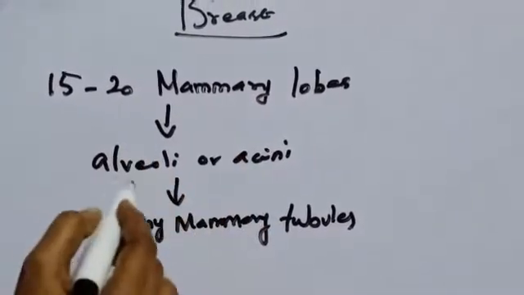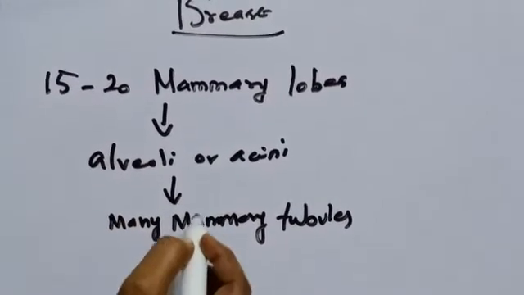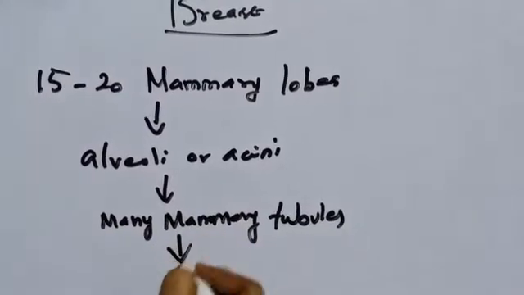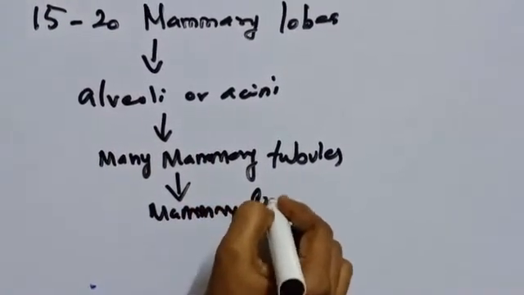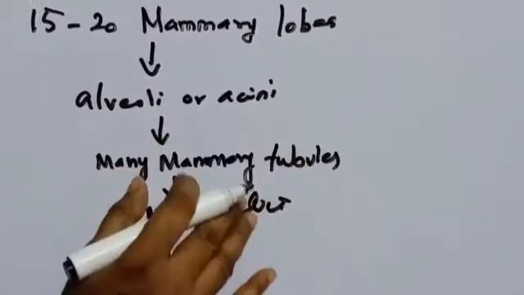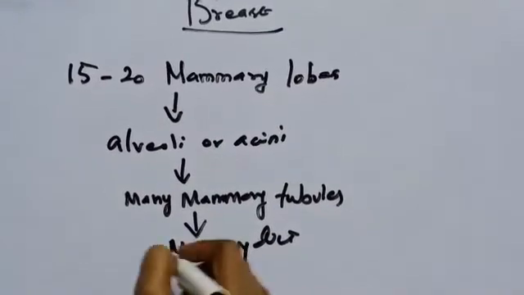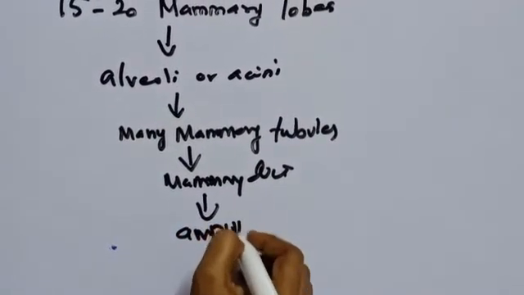Then the alveoli open into mammary tubules, and these tubules join to form a mammary duct, and several mammary ducts join to form mammary ampullae.